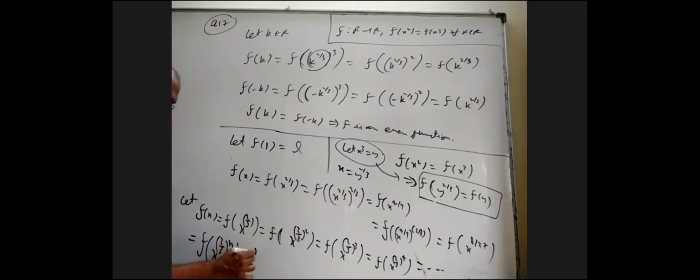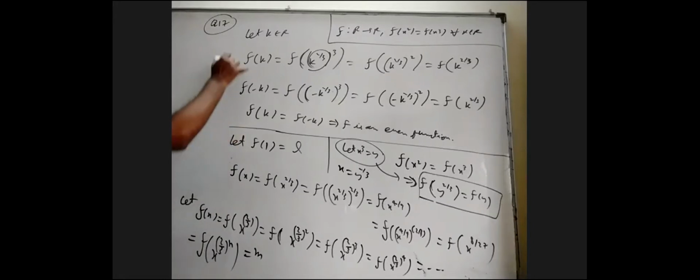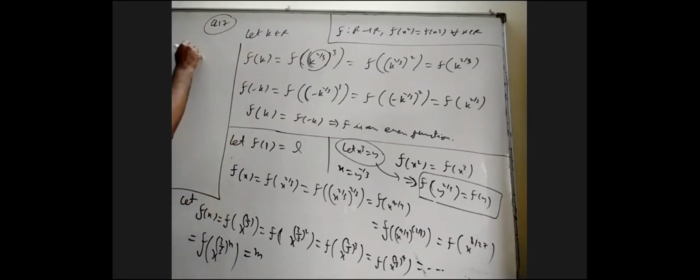I'm going to call this some m. Now I'm going to prove m and L are equal. Why? Because f is a continuous function, as mentioned in the question. Since f is continuous, the limit as n tends to infinity of f of x power 2 by 3 whole power n should be f of 1, right?